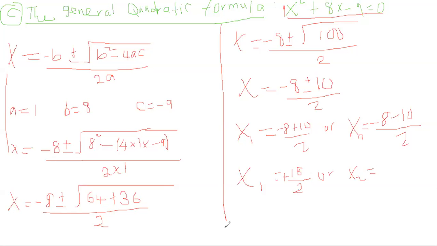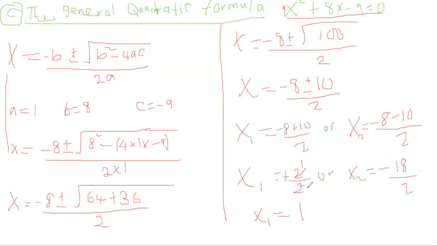So let me erase that. All right. So minus 8 plus 10 should give you 2. So this is plus 2, or this is where we have minus 18 over 2.